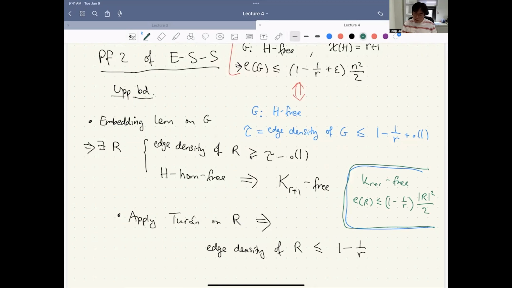Okay. I need to put actually a plus little o1 here. A little bit annoying, but we need to add this little o1. And this is at least tau minus little o1. Then we are done. Very simple proof. Any question?